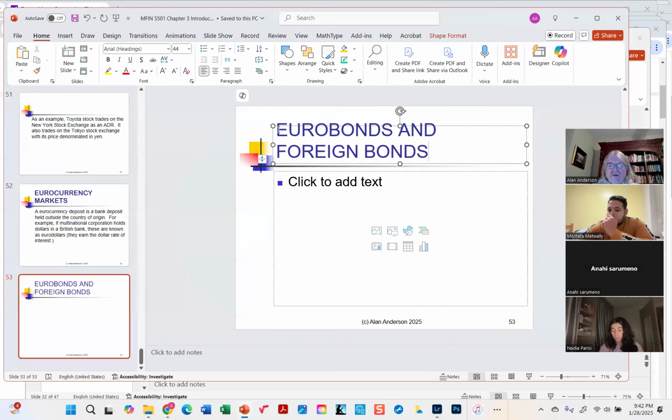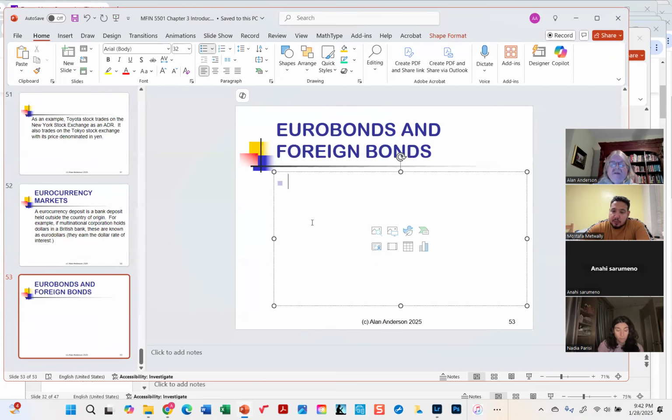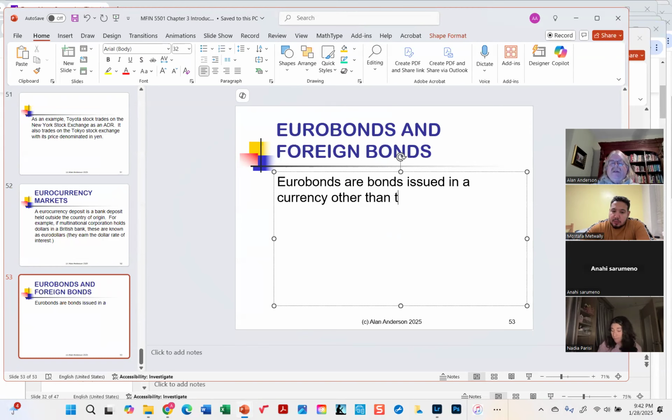Just to make sure, for completeness' sake, Eurobonds are bonds issued in a currency other than the domestic currency.